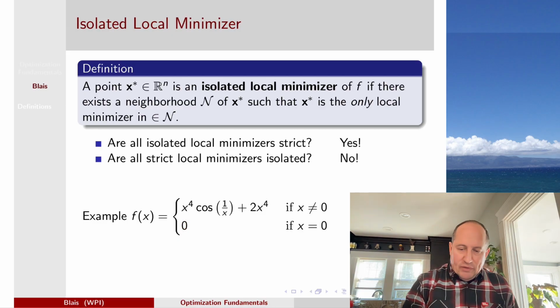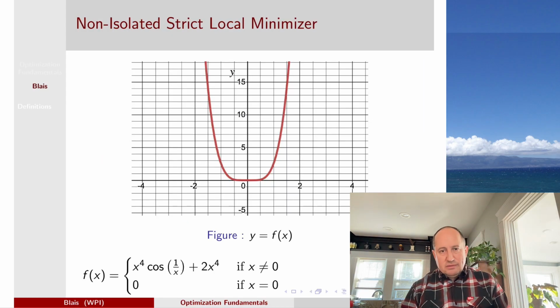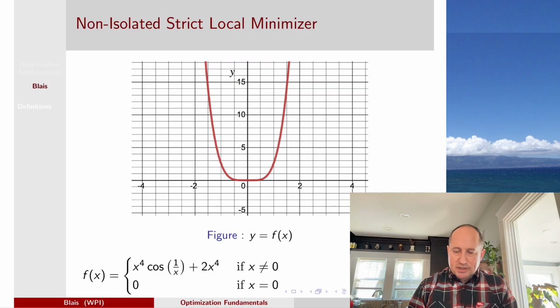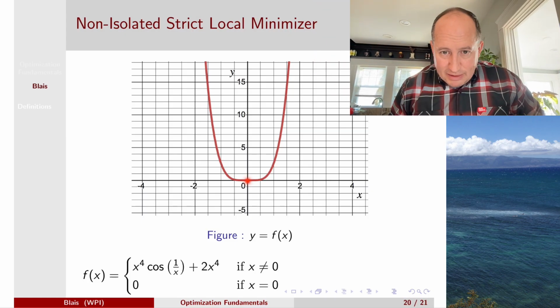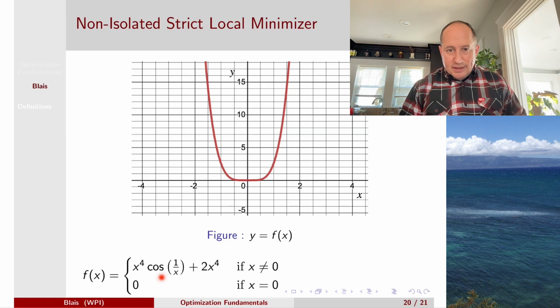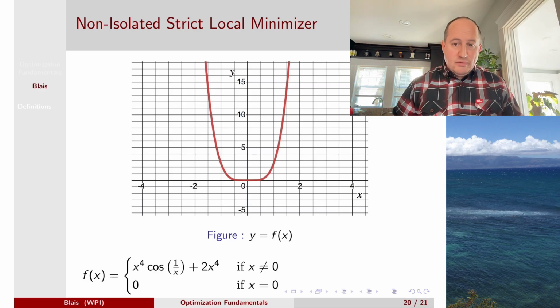Now, if we graph it in your typical scale, this is what it looks like. Notice the x and y axes here. The x-axis goes from about -4 to 4, and the y-axis from -5 to 15. You look at this thing and realize, okay, we expect if there is a global minimizer, it's right there at the origin. The lowest point this thing can achieve is a y value of 0.